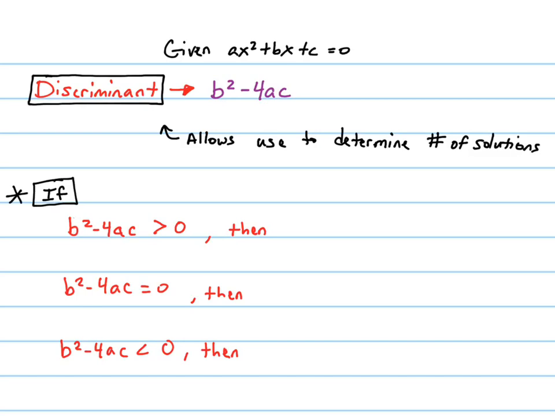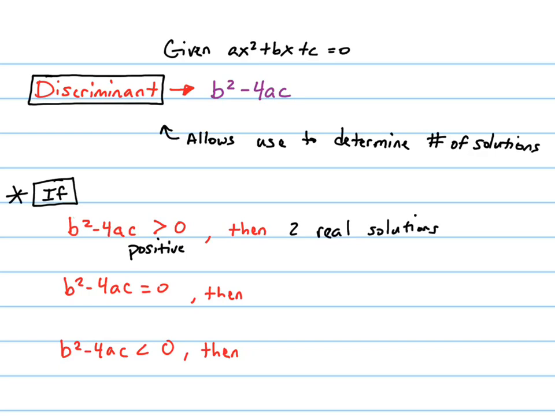So one of the things you learned previously is that it can be 0, it can be negative, it can be positive, and each of them have a different meaning. So in this case, if your discriminant is greater than 0, or what we say is positive, then you have two real solutions.